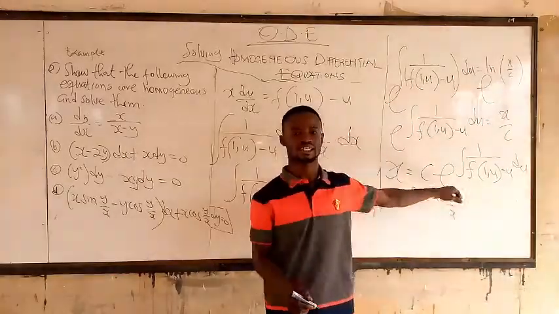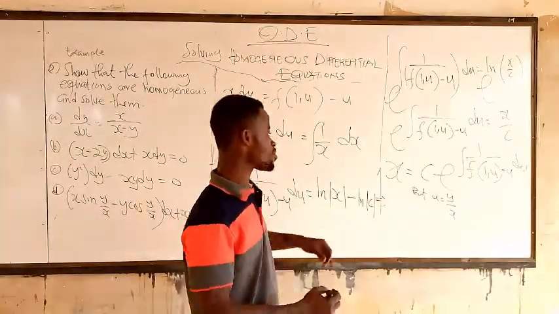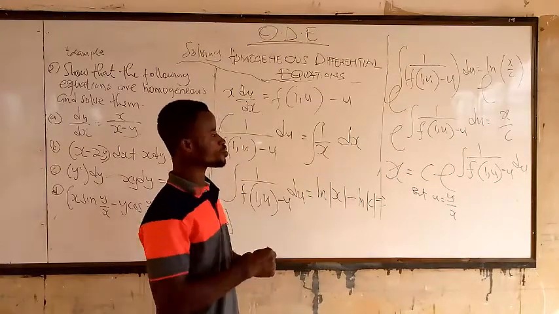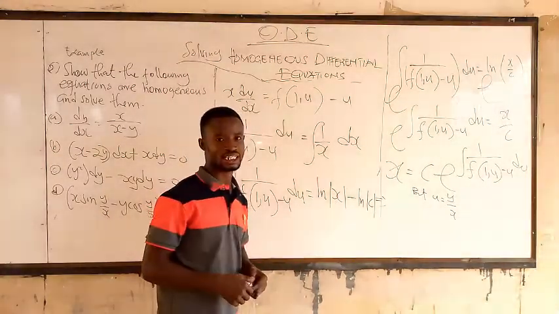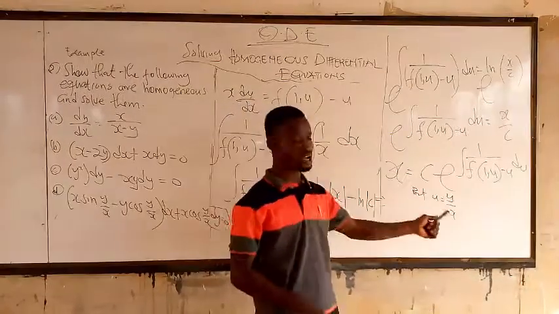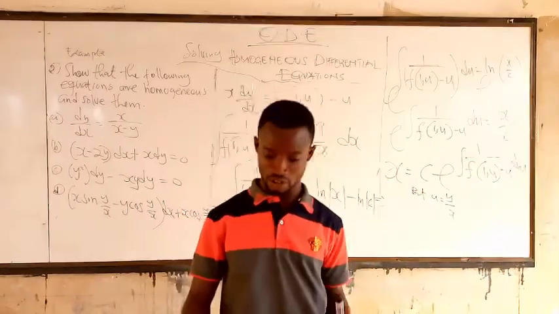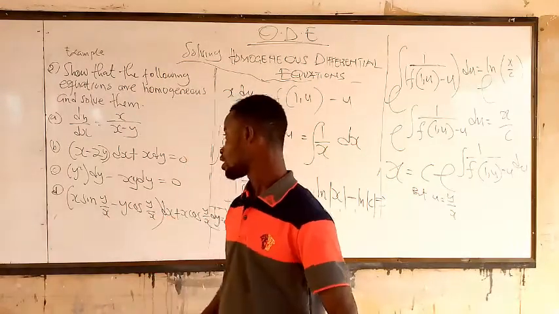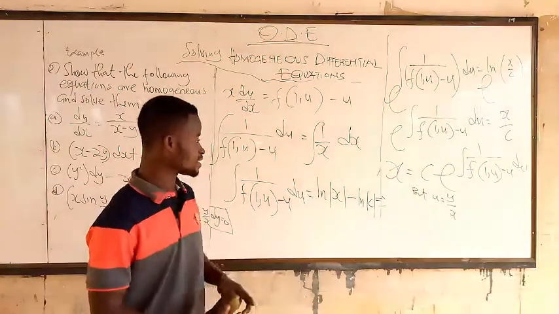So to get your solution in terms of x and y, we do the substitution of u, and that becomes our final answer. But don't forget that this becomes a general solution. So now, that is all for that. This is just a generalization.